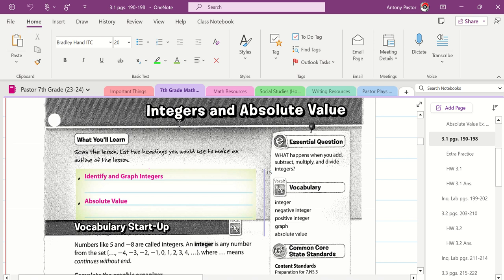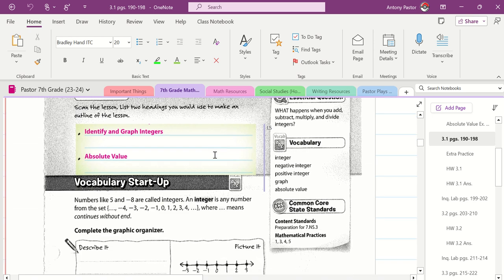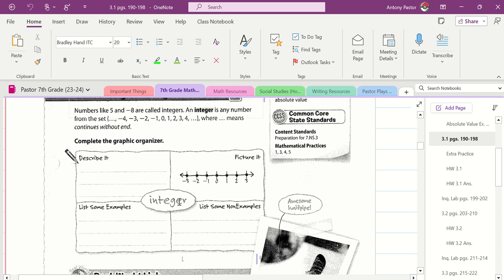So the first thing we're going to deal with are integers. An integer is any number from the set of negative and positive whole numbers and 0. An integer can be a negative, a positive, or 0. Again, whole numbers. So numbers like 5 and negative 8 are called integers. So under the describe it, we would put something like any whole numbers, both positive and negative, and 0. I'll list some examples.